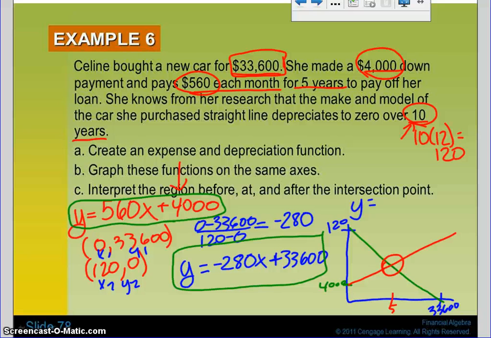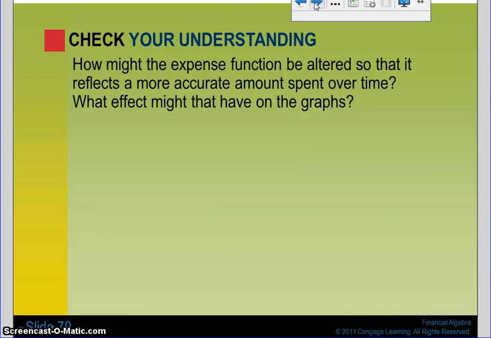I'm going to go on to the next page real quick so that we can look at this equation. To figure out how to do that, we are going to rewrite the equations and set them equal to each other. So I have 560x plus 4,000 equals negative 280x plus 33,600.